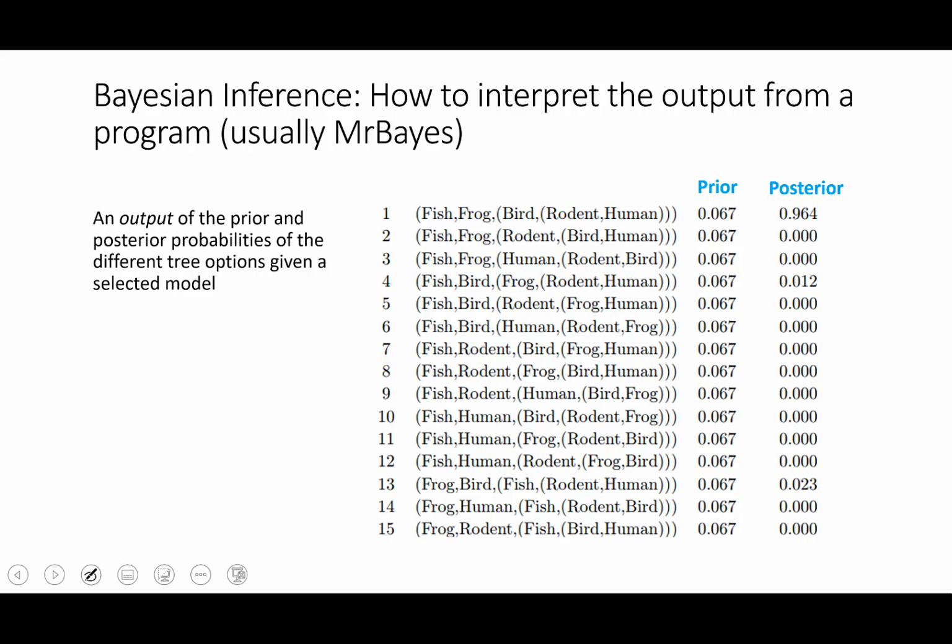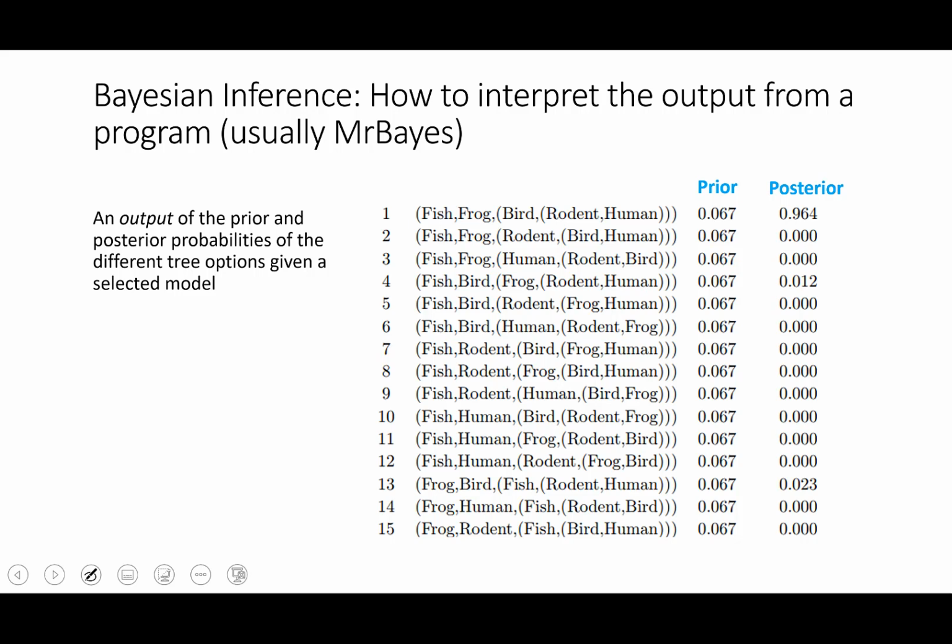Based on our data, our sequence data, and the model, those particular topologies have a 0% probability of being the correct one. If you notice, tree number 1 has a really high posterior probability value of 0.964. And then tree number 4 has a value of 0.012, and tree number 13 has a value of 0.023.